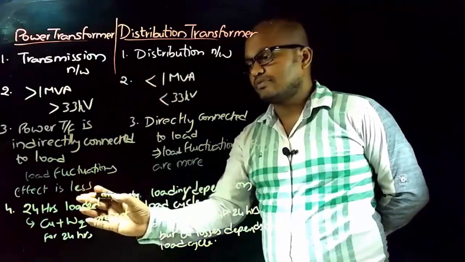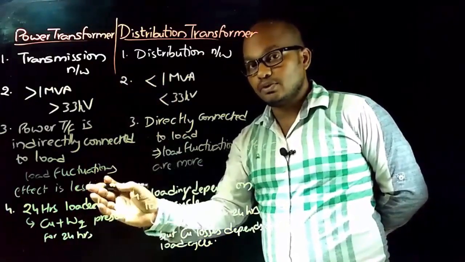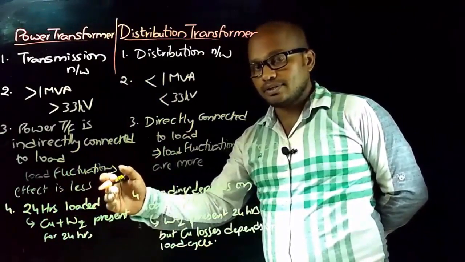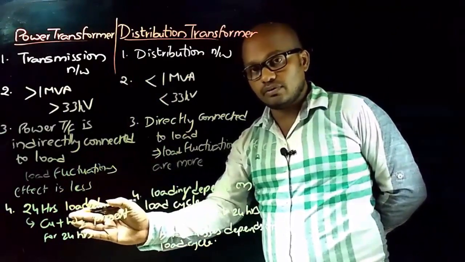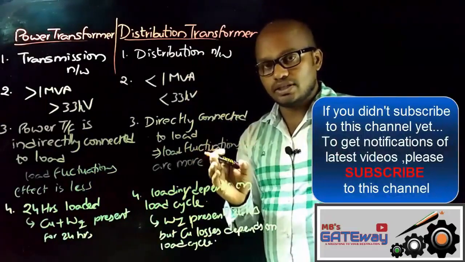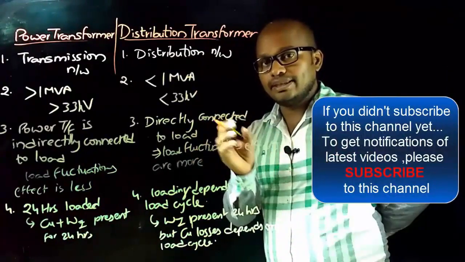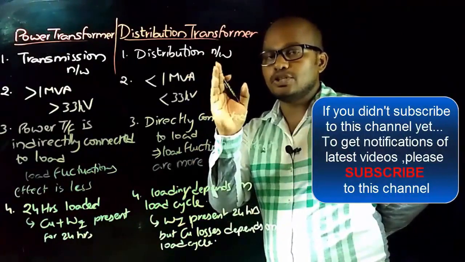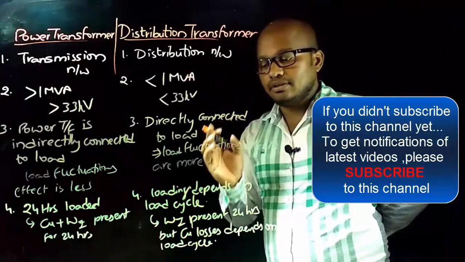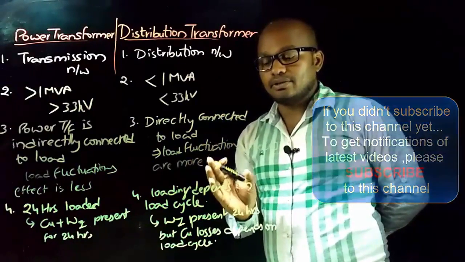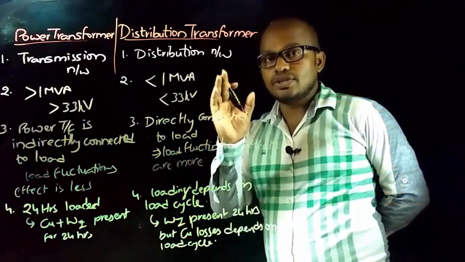In case of power transformer, as it is loaded for all 24 hours, there are copper losses and iron losses present for the whole 24 hours. Whereas distribution transformer is loaded according to the load cycle. So when there is load connected, then there will be copper losses. But for all 24 hours, the primary of distribution transformer is excited, means iron losses are present for all 24 hours. But copper loss is present only when load is connected.